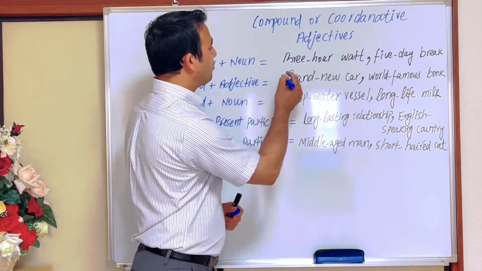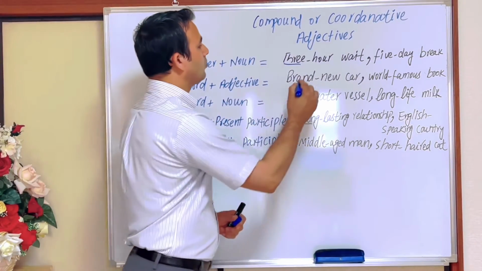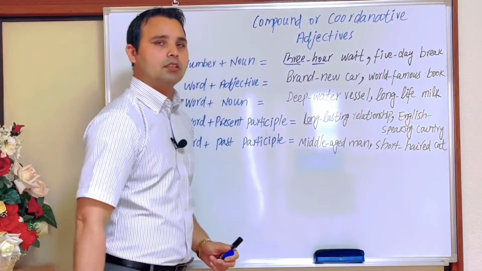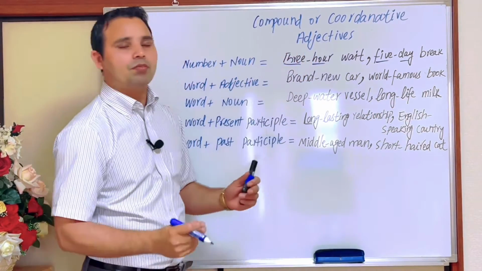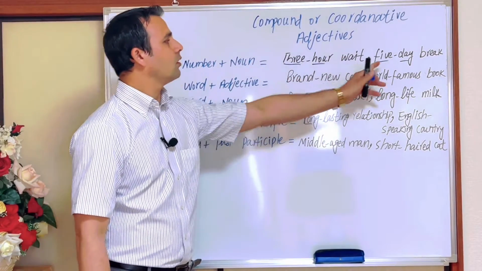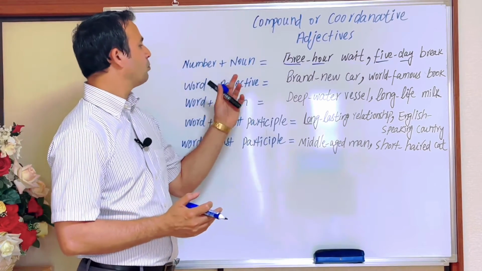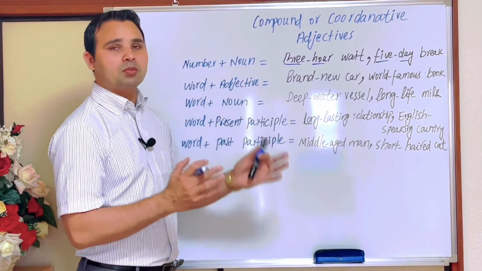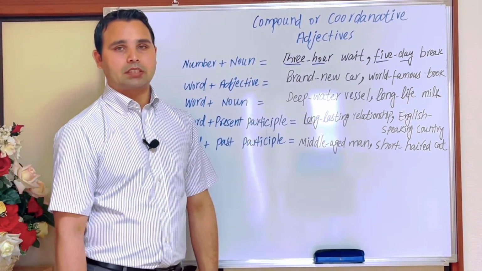Here we have put a number and noun together. 1, 2, 3, 4, 5, these are numbers, and hour, day, these are nouns. So we have put the number and noun together, and we have made compound or coordinative adjectives.